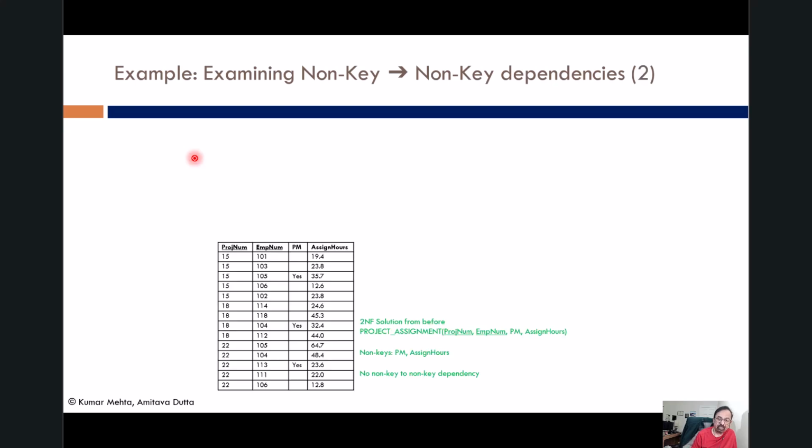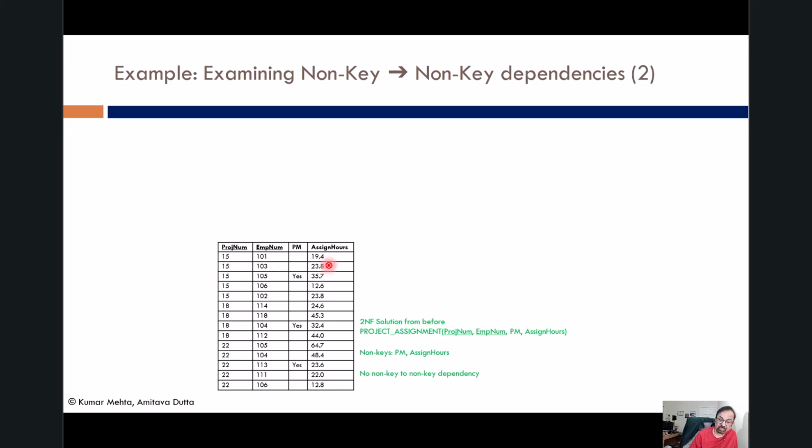Okay. Now let's look at the project assignment table. This was the table in the middle. So the primary key is this composite primary key. This table is already in second normal form because there are no partial dependencies. This column PM, this non-key, is dependent on the full primary key.